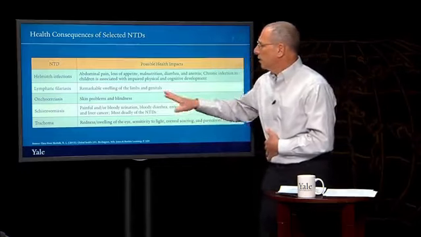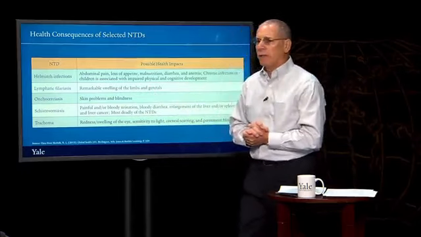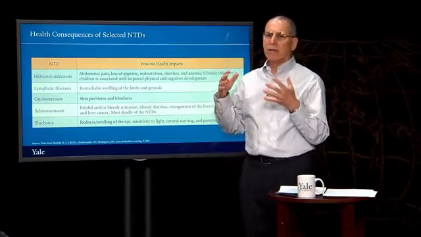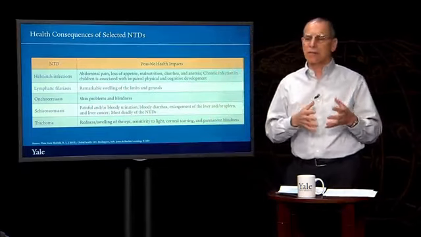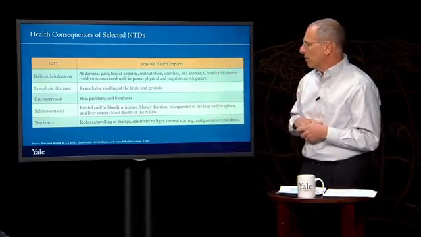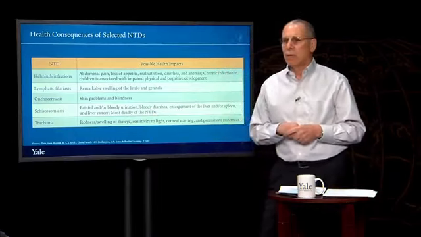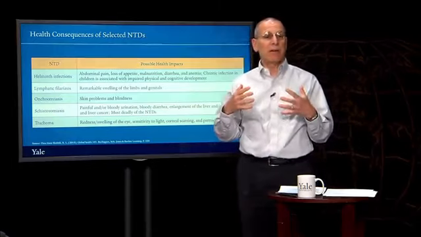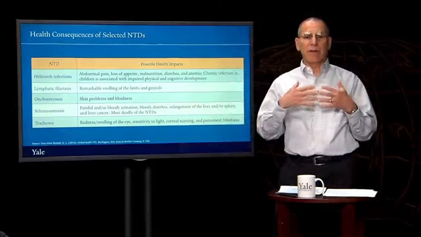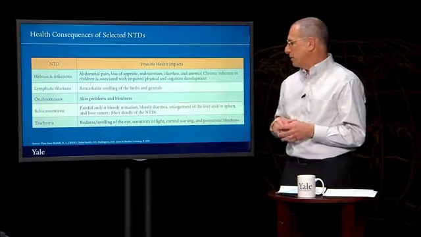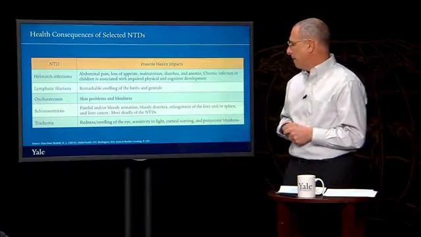And here, I think the one with which people might be most familiar, again, is lymphatic filariasis. It can cause exceptional swelling of not just the limbs, but also of the genitals. But we also see trachoma, which can be addressed, as we'll talk about, with a very simple drug regimen, and yet causes blindness and corneal scarring.